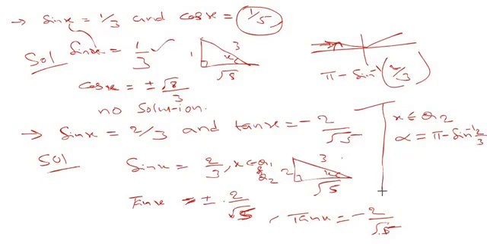Then how to take the general solution? For simultaneous trigonometric equations, simultaneous means more than one equation will be there. For such types of trigonometric equations, the general solutions you have to consider like 2n pi plus alpha. General solutions will be of the form 2n pi plus alpha.